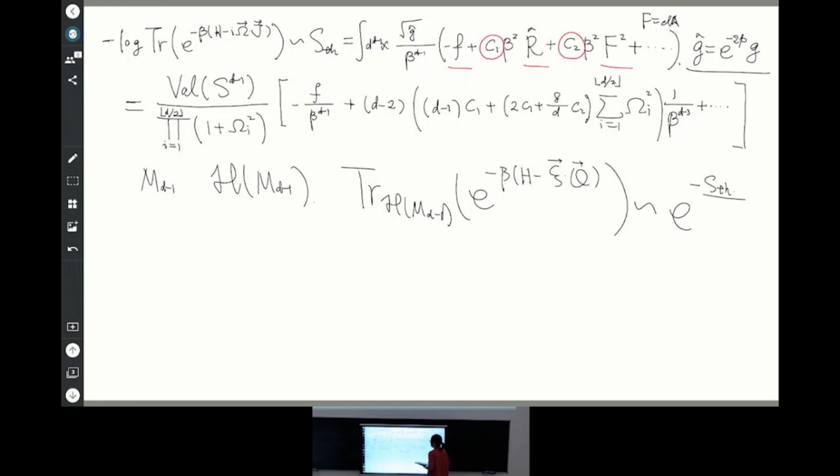Now, this thermal effective action will have exactly the same expression, exactly the same terms here, and it will have the same set of Wilson coefficients. The only difference is that now the R and the F will have a different expression in terms of beta and also viscosity. And they will also depend on a new set of coordinates, which are coordinates on M_{D-1} instead of coordinates on a sphere.